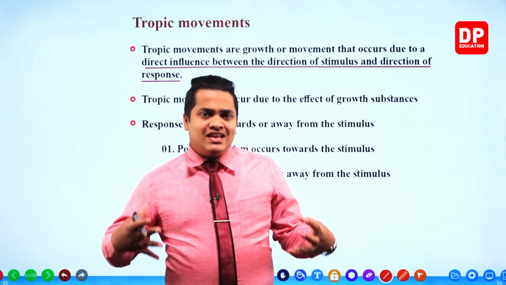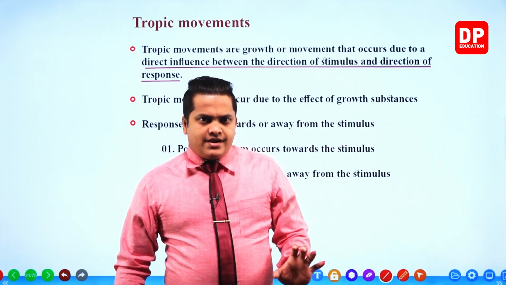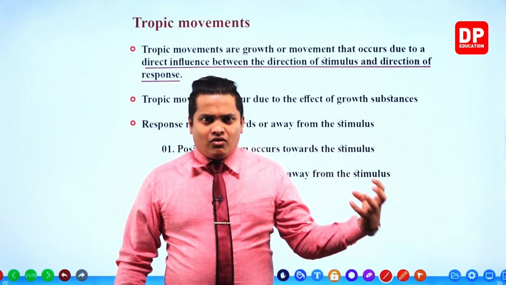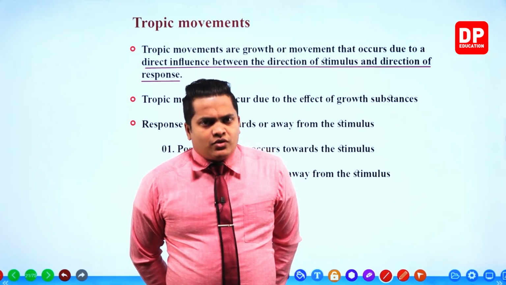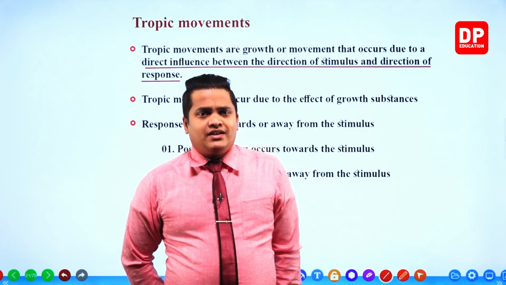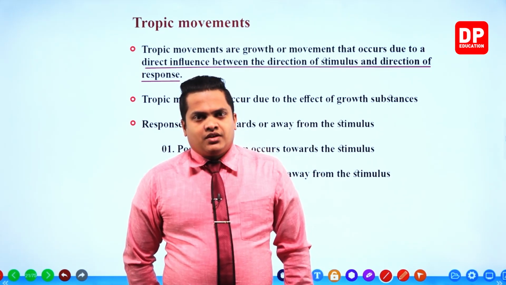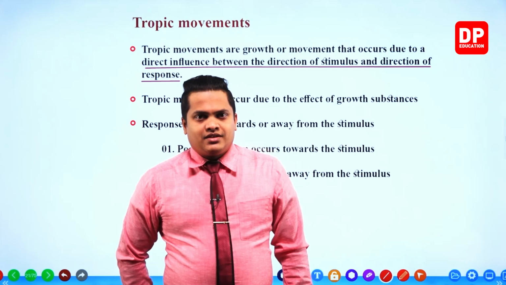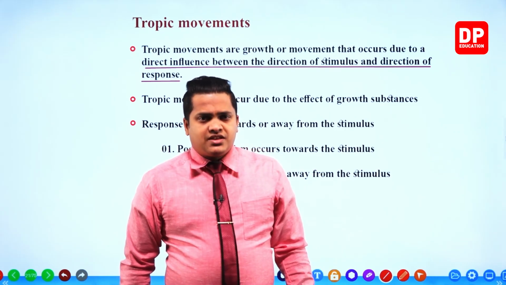So there is a direct relationship between the response given by the insect and the stimulus. The stimulus is the light being given. According to the direction of the light, the direction of the response is also going to change. To the direction of light, insects are going to move. So my dear children, the response is directly getting affected because of the direction of the stimulus.